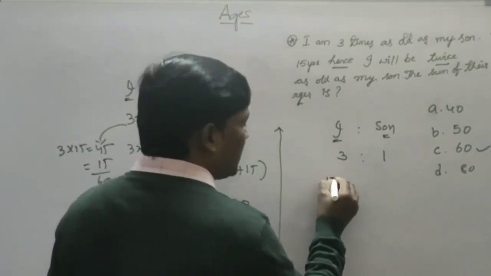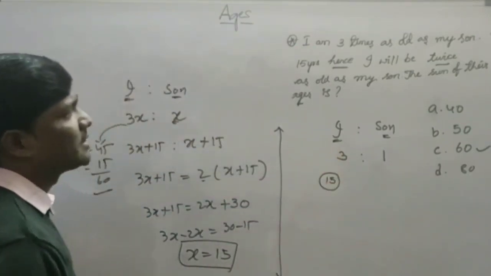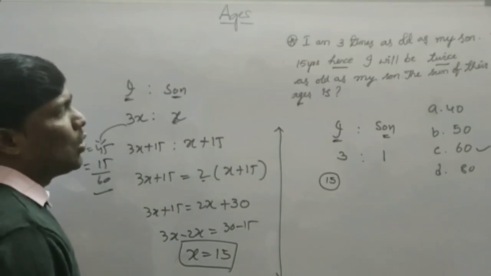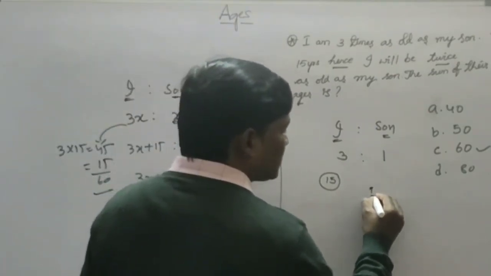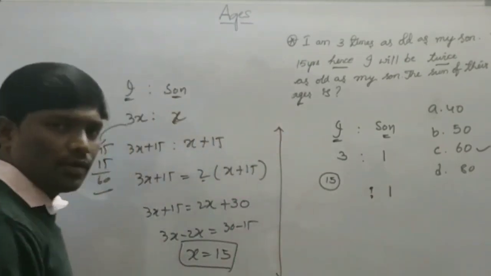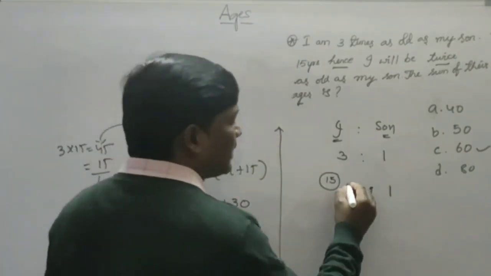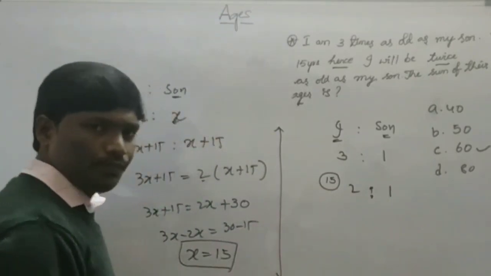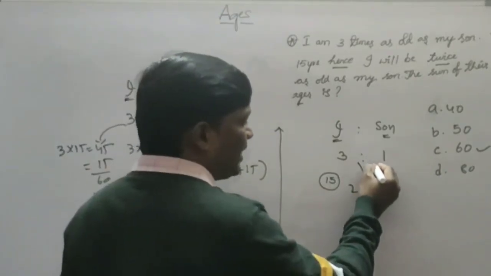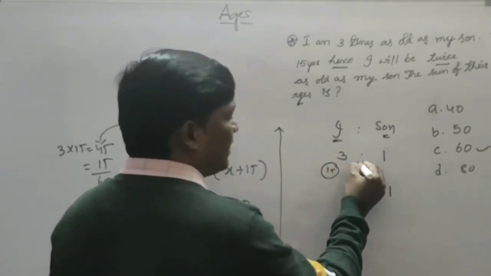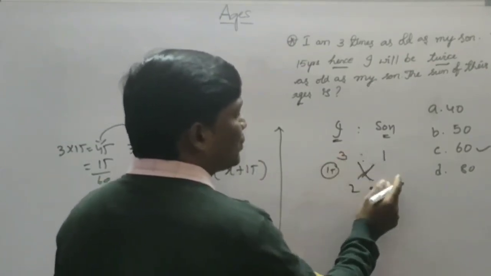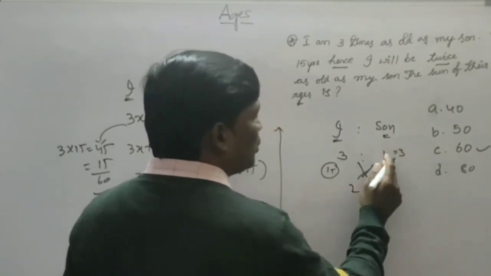So 15 years hence, I will be twice as old as my son అన్నాడు. అంటే 15 సంవత్సరాల తర్వాత కూడా నా సన్ ఏజ్ నాకు తెలియదు కాబట్టి 1 అనుకుందాం ఇక్కడ మనం. ఓకే, సో ట్వైస్ అన్నాడు కాబట్టి 1 into 2, 2. నెక్స్ట్ జస్ట్ క్రాస్ మల్టిప్లికేషన్. సో ఇలా మిడిల్ లో రాసేసండి ఇక్కడ. So 1 into 3, 3 and 1 into 2, 2.